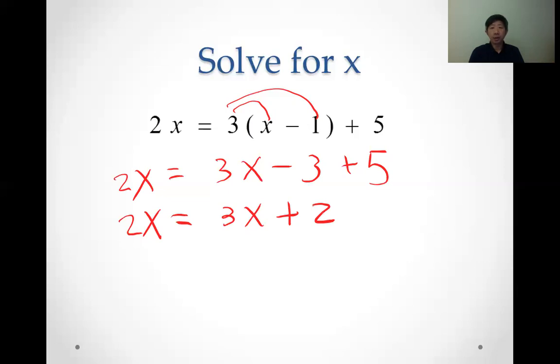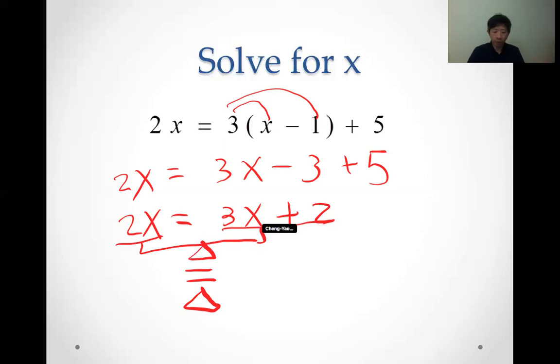Can we subtract on both sides of the equation? It's just like a scale, okay? So we have to keep the balance. We have to keep a balance for this, okay? So now, if I subtract 3x, you need to subtract 3x on this side too, right?